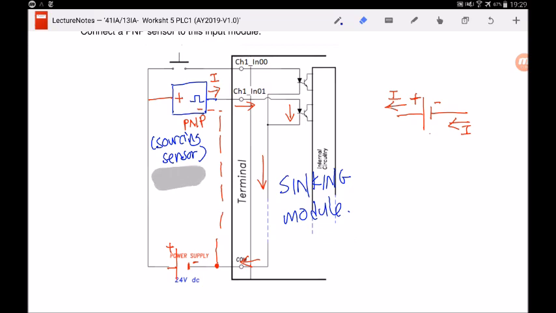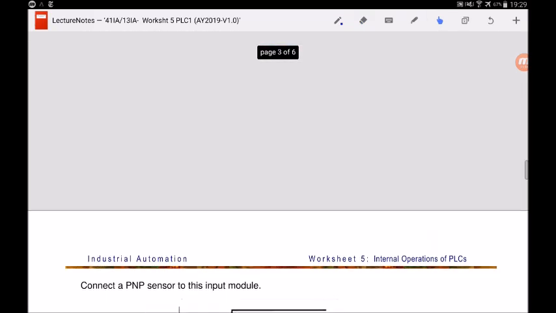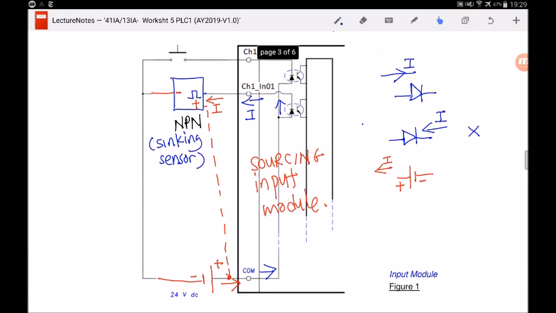This is giving out current, this is accepting the current. Just like the previous case, if the sensor is a sinking sensor, which means that current is flowing in, the module will definitely need to be a sourcing module, because this module will need to give out the current and this sensor will receive the current.